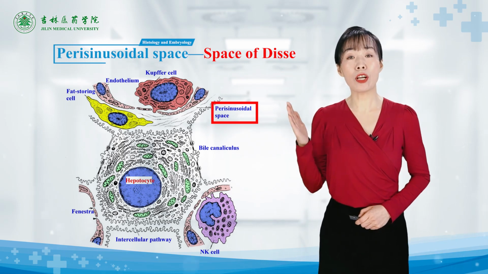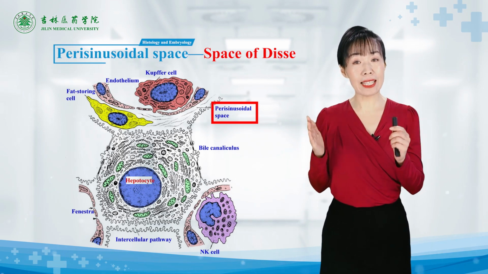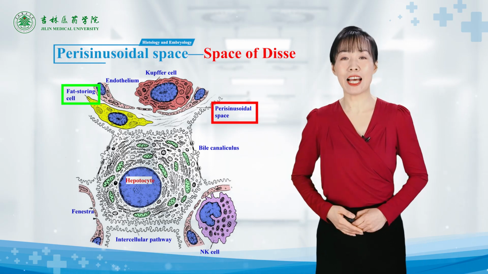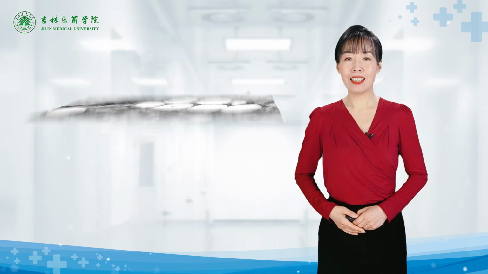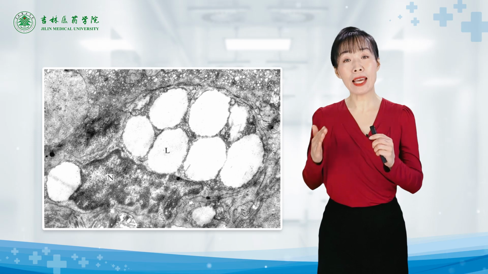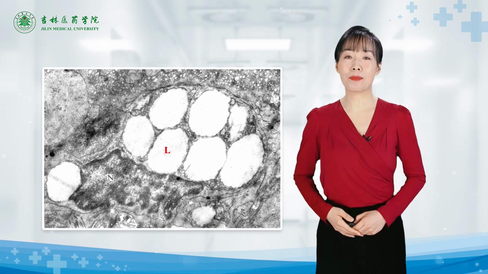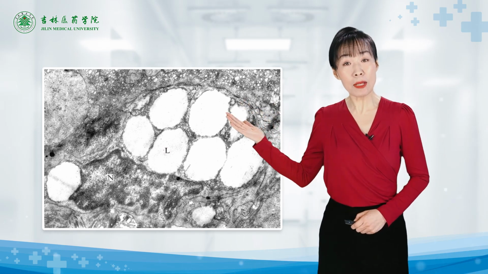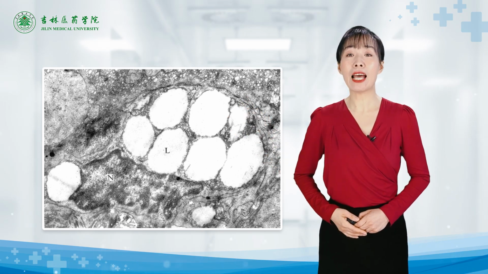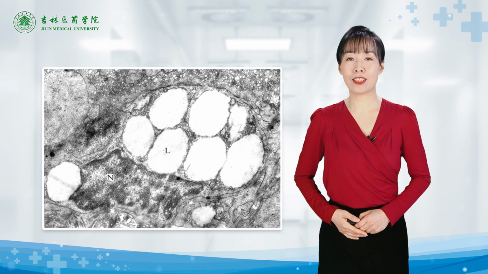In the perisinusoidal space, we also can see some fat storage cells, also called Ito cells. The cytoplasm of Ito cells contains vitamin A-rich lipid droplets. More than 80% of vitamin A absorbed from food is stored in the Ito cells.